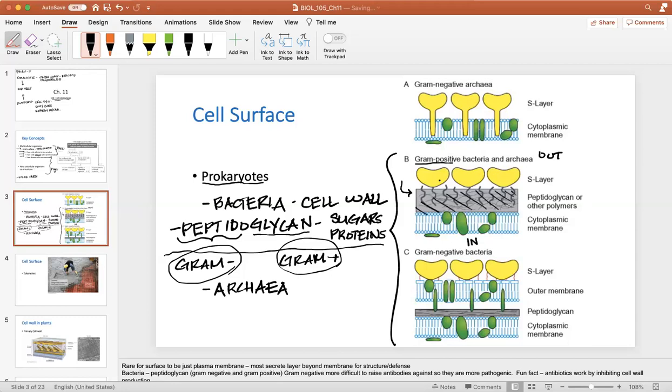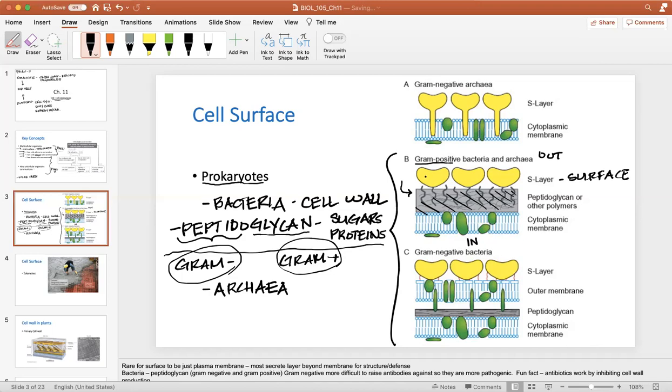And then on top of that is a layer of proteins or glycoproteins called the S layer, which just stands for surface. This is the surface layer of proteins. So the big thing to note here is that really the most external feature on a gram-positive bacterium is this peptidoglycan cell wall, as well as some of these glycoproteins here. Okay, glycoproteins are proteins with a little bit of sugar attached to them, okay?